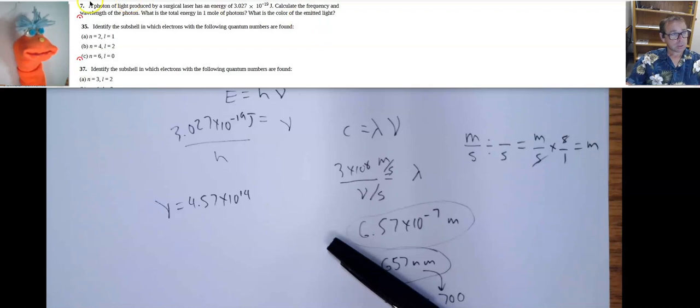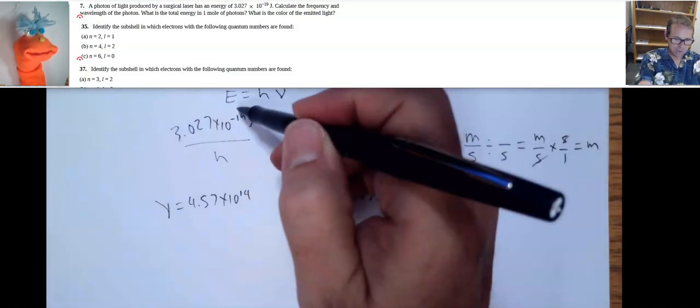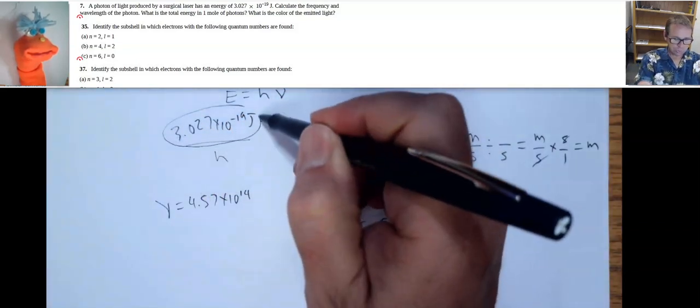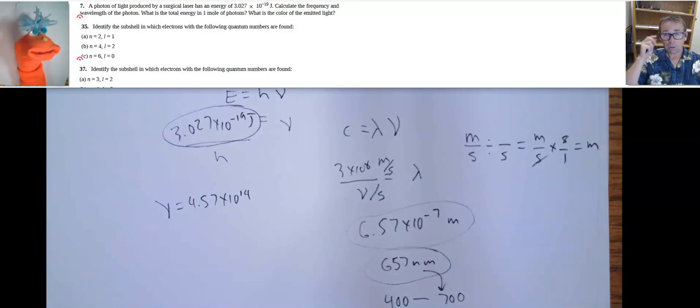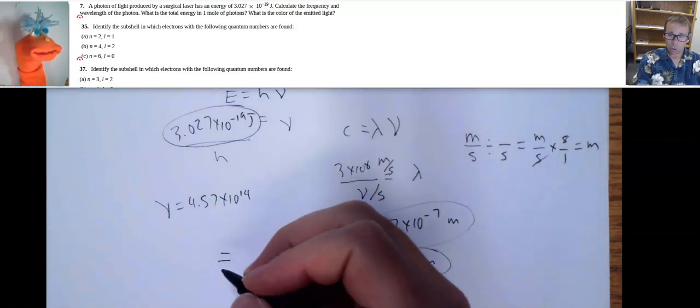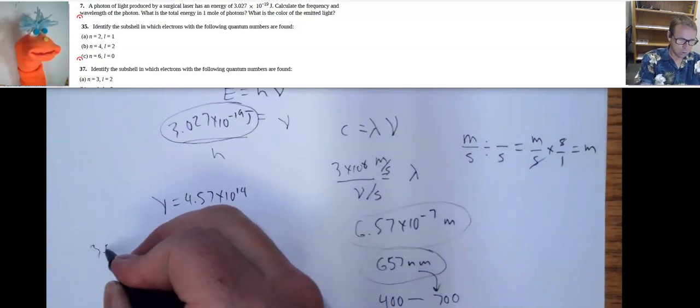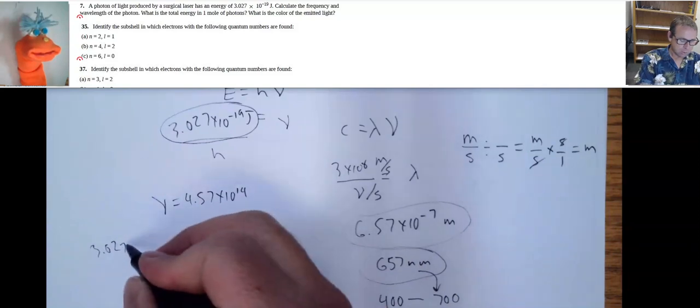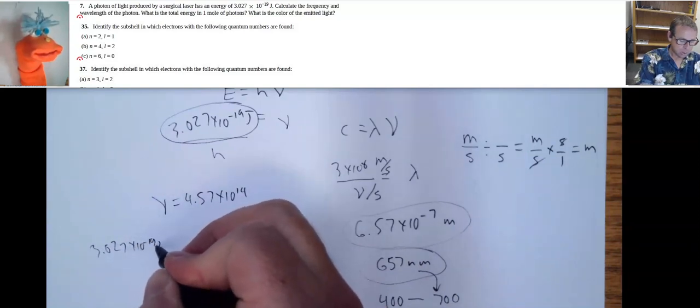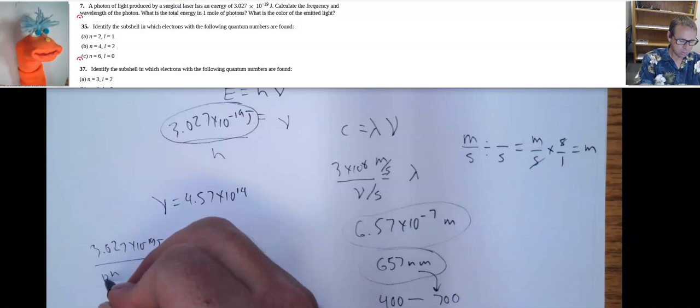Okay, good. Now what is the total energy in 1 mole of photons? Well, this is the energy in joules for 1 photon: 3.027 times 10 to the minus 19 joules per photon.